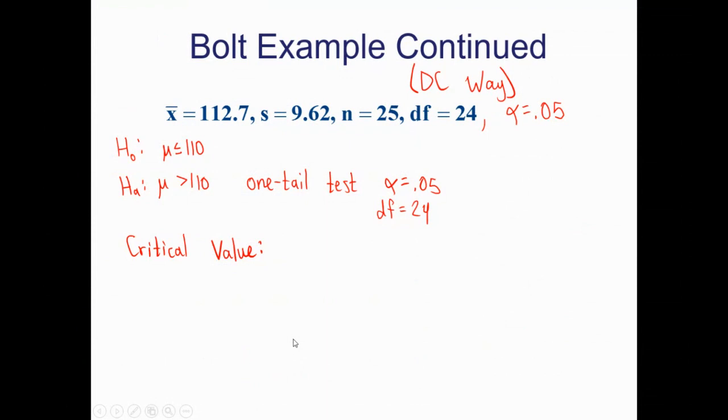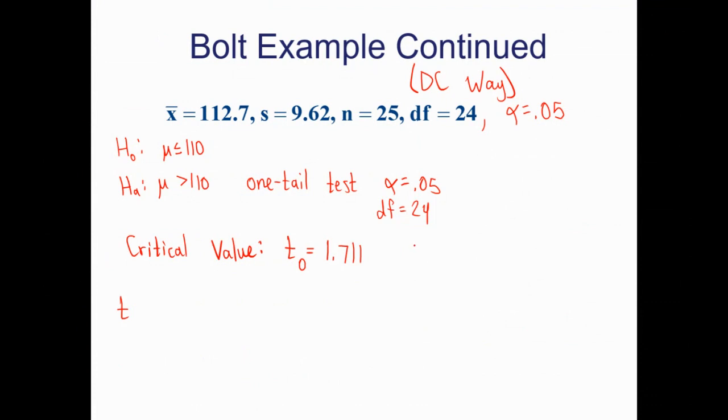So the critical value is that T, on the homework they use T naught. That's equal, what we say, 1.711. I'll go with that. Okay. So now let's compute our test statistic. Hang on.